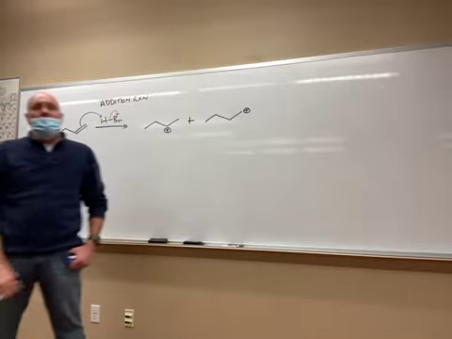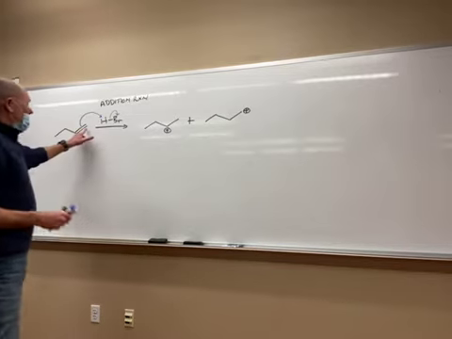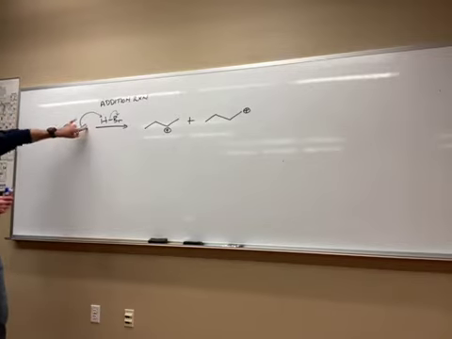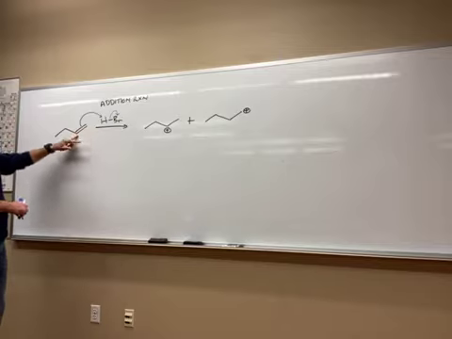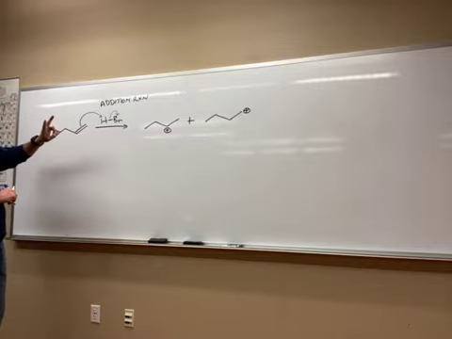I have 2 possibilities for that carbocation. My electrons here can either go this way, leaving a carbocation there, or they can go this way and leave the carbocation there. So I have 2 choices.